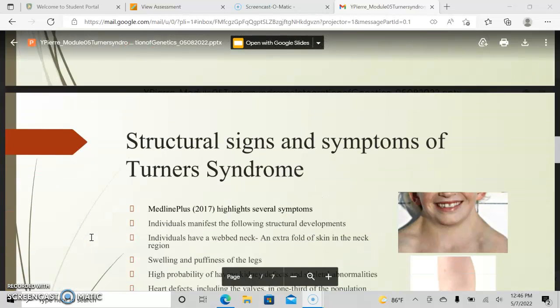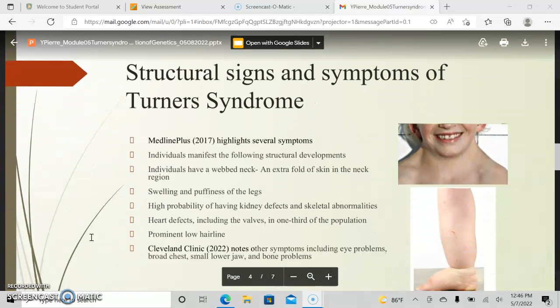The next slide I'm going to talk about is structural signs and symptoms of Turner syndrome. Individuals with Turner syndrome manifest several structural developments. They have a webbed neck.